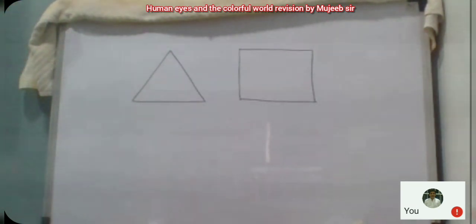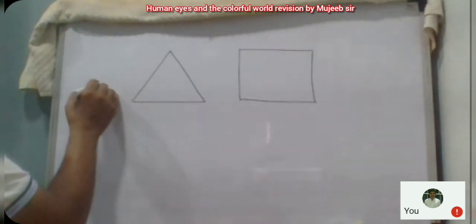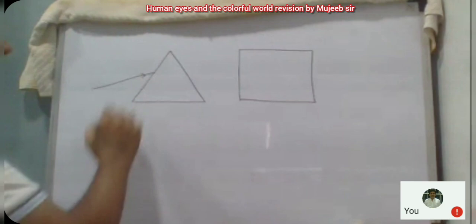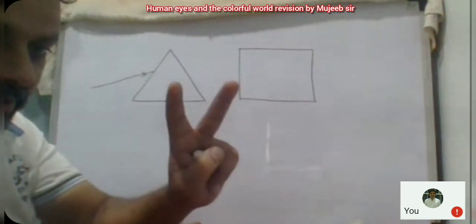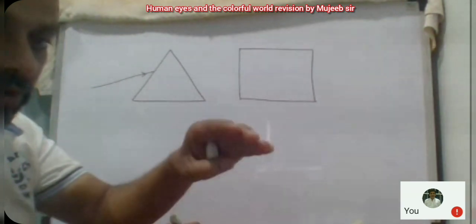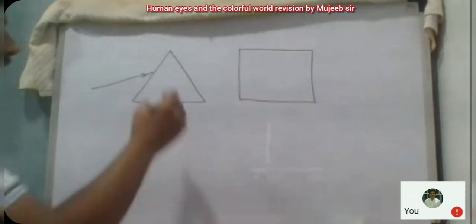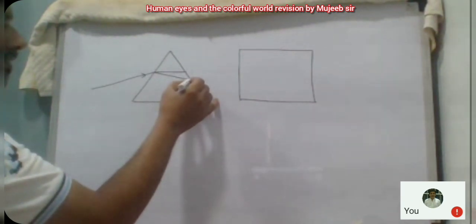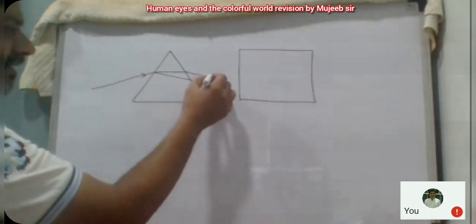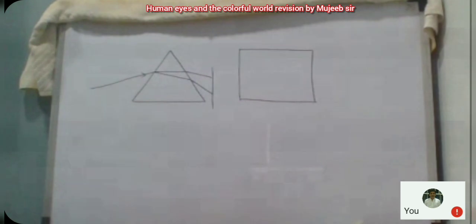Okay, then now what happens over here? See, in case of the glass prism, when the white light strikes this prism, it bends twice, but both times it bends in the same direction, that is towards the broader part of the prism. Once it bends over here, it gets separated, and then again it bends downward. That's why the separation is further increased, and hence we get the spectrum of the 7 colors.